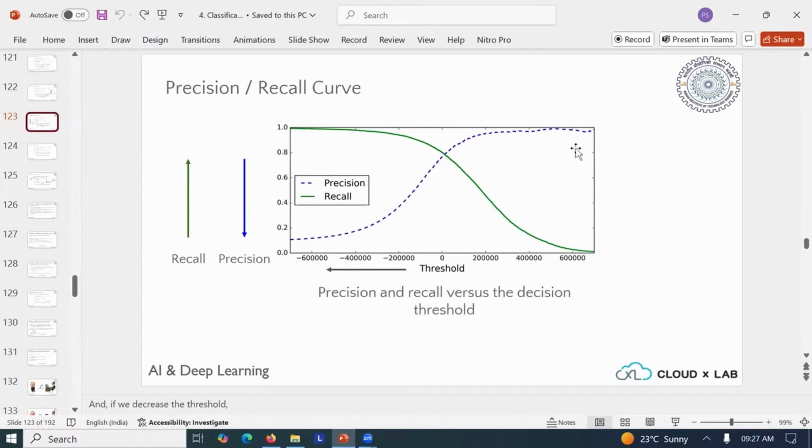And the 11th value in precision will be 1, and for recall, the 11th value will be 0. So we don't want that extra value, right? So that's why we are not considering the last.